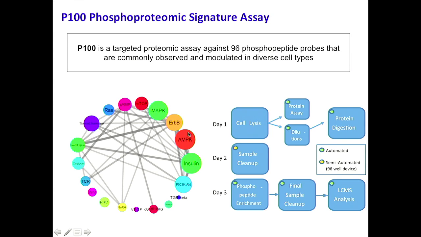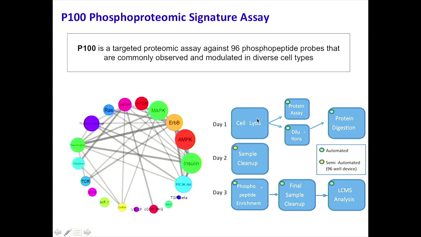And therefore, we think that the assay should be able to project onto all of the pathways that I have depicted here. And I'm sure there's some favorites there, like insulin signaling, MAP kinase signaling, HER2 signaling, mTOR signaling, et cetera.